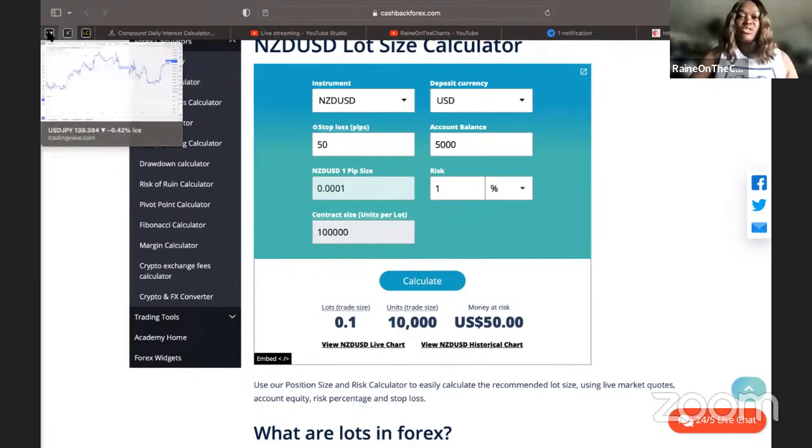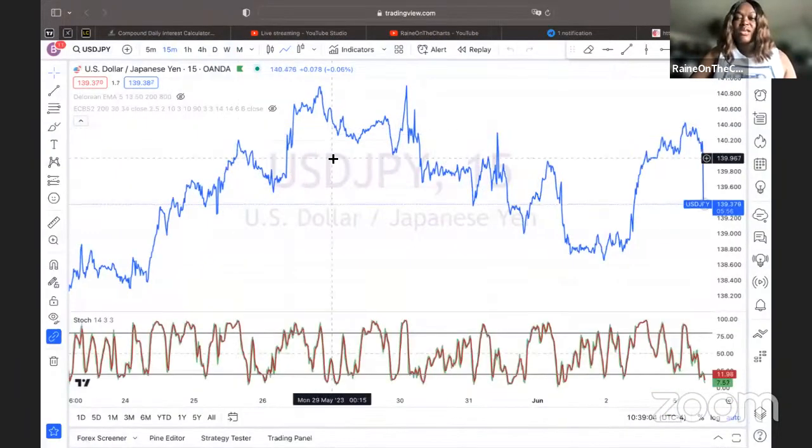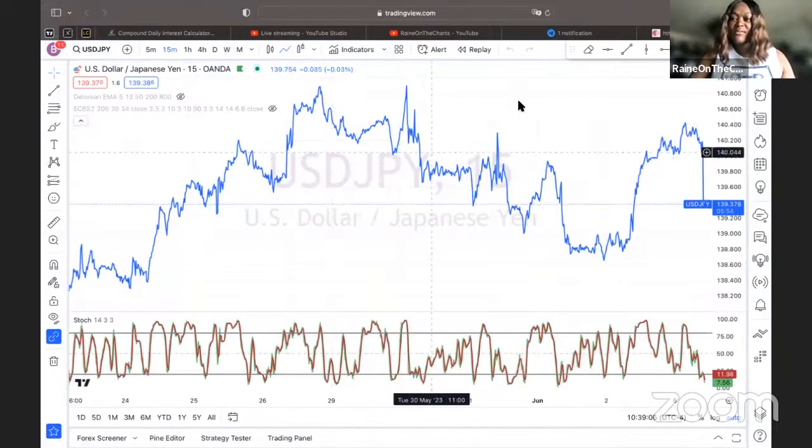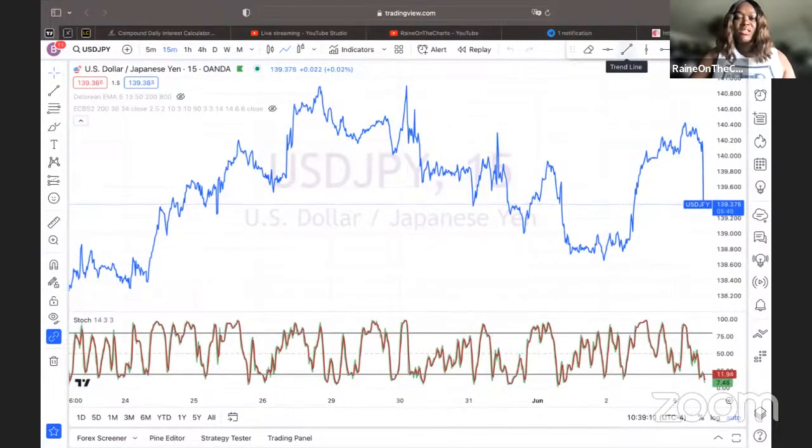So let's go to TradingView real quick. TradingView is a free site, www.tradingview.com. At TradingView, you will be able to analyze charts. You can do your technical analysis here.